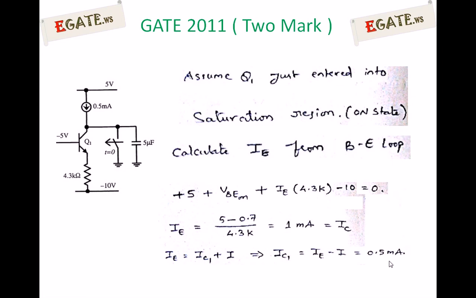So now we know how much current is flowing through the capacitor when Q1 has just entered the saturation region. Now find the voltage across the capacitor at this point. Later you can relate current and voltage for a capacitor using an equation, and then you can calculate the time for Q1 to reach saturation.